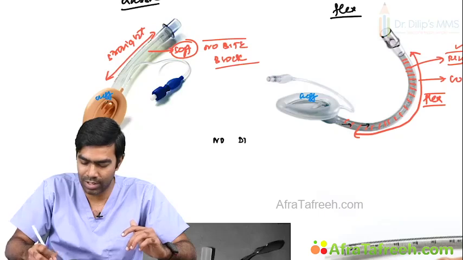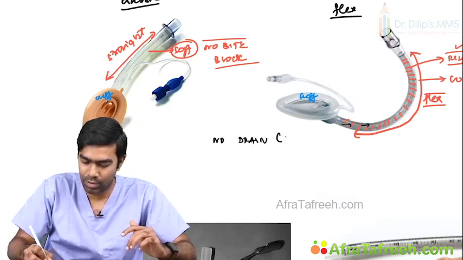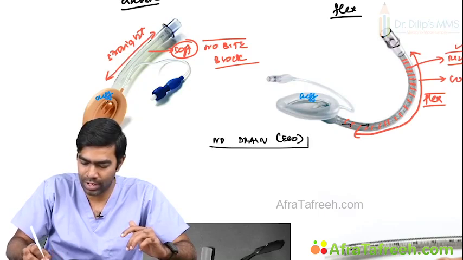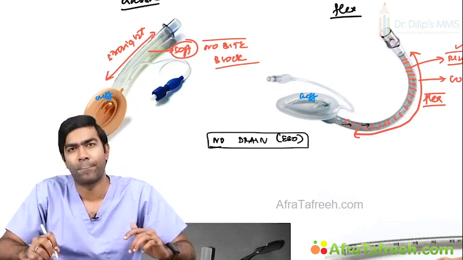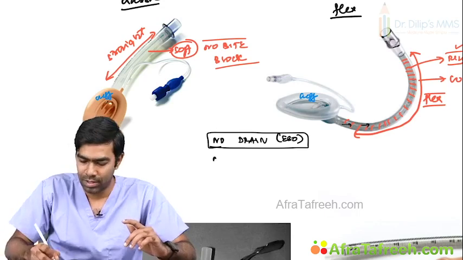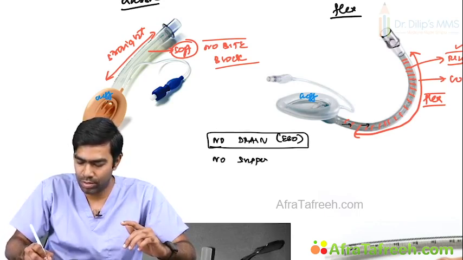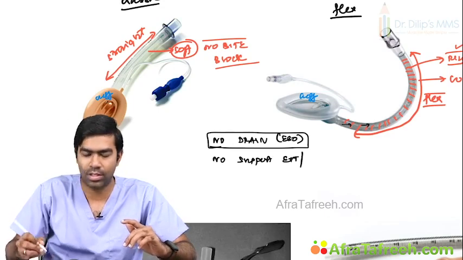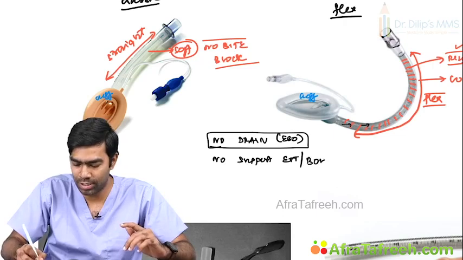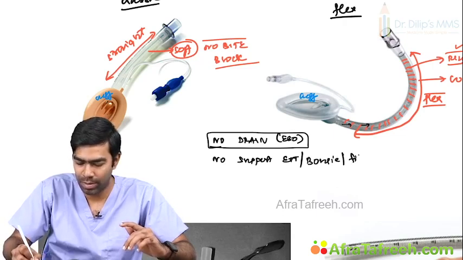So that's the problem these first generation LMAs faced: they did not have any drain tube for the esophagus. At the same time, they do not support endotracheal intubation, they do not support bougie insertion, and they do not support fiber optic scopes.